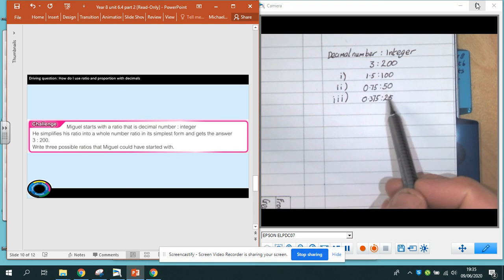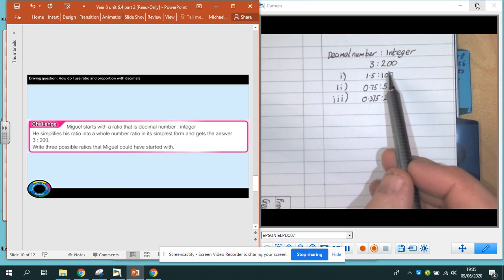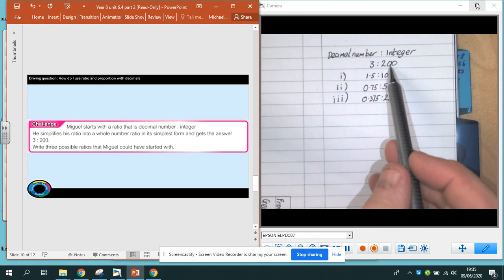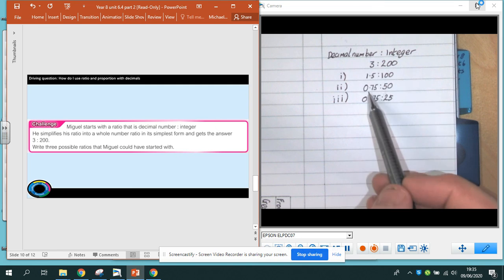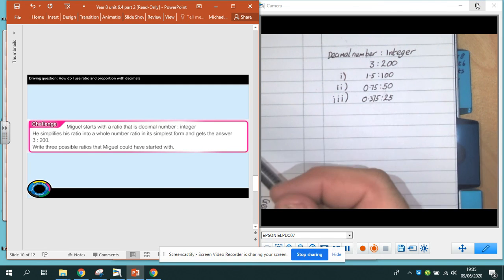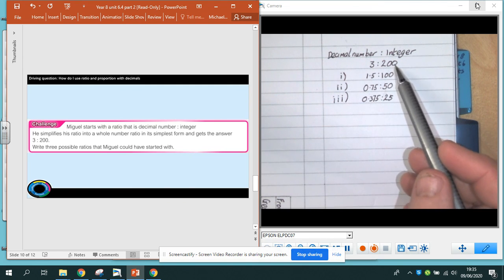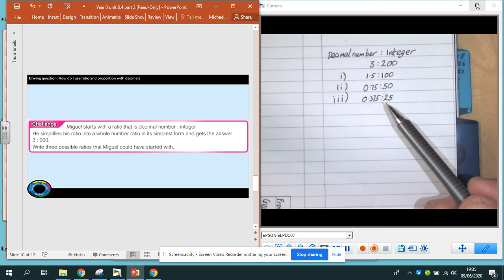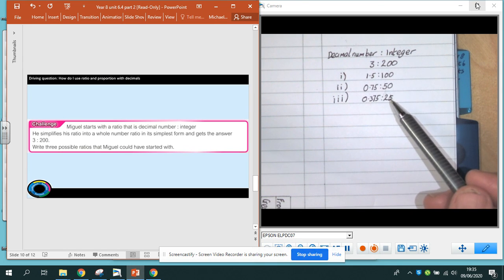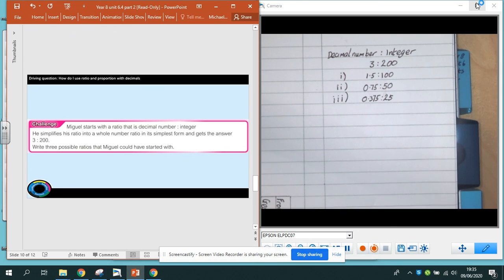Providing you have whole numbers that are factors of 200 and a decimal number on this side, you're absolutely fine. So you want a whole number factor of 200 on this side and a decimal number on this side. Okay, so if you haven't got that, pause the lesson now, make certain you get it written down.